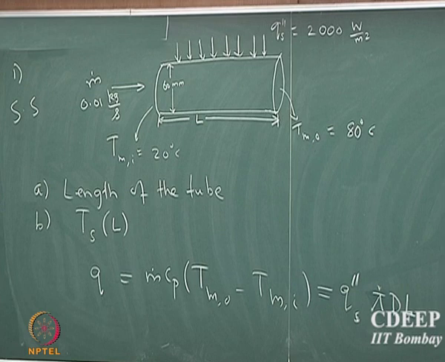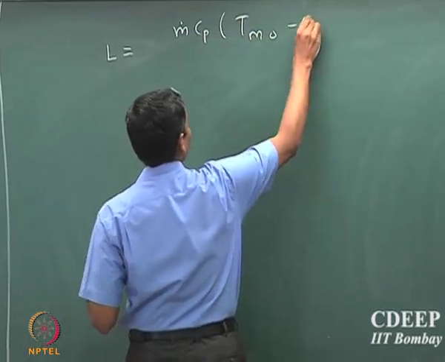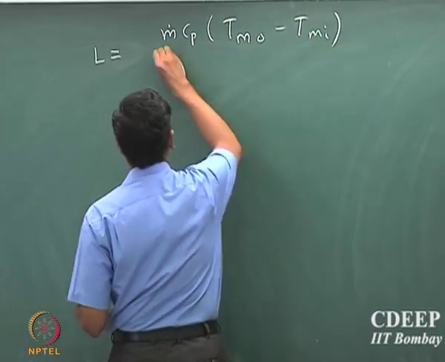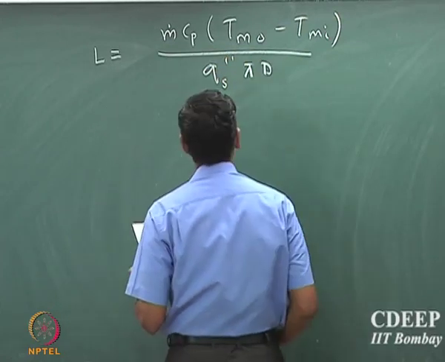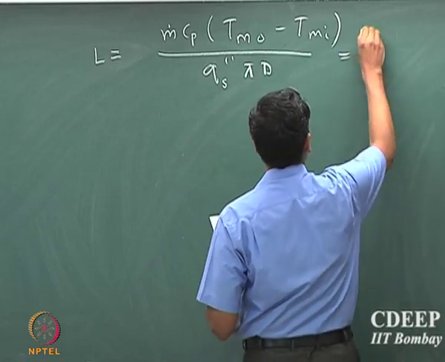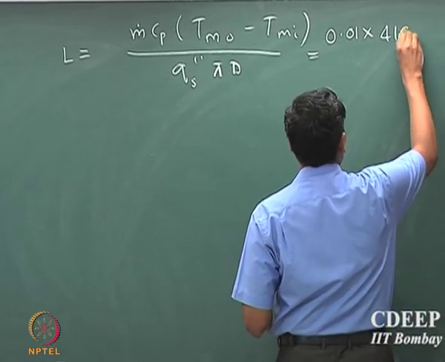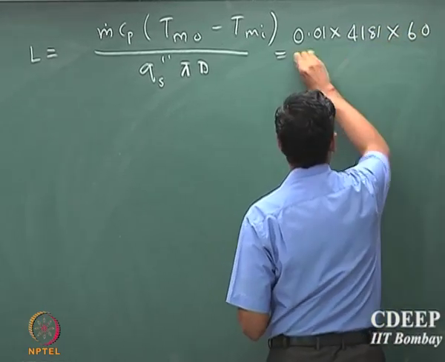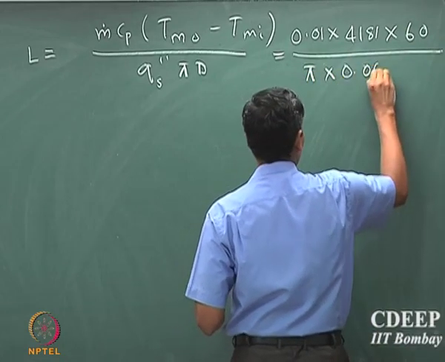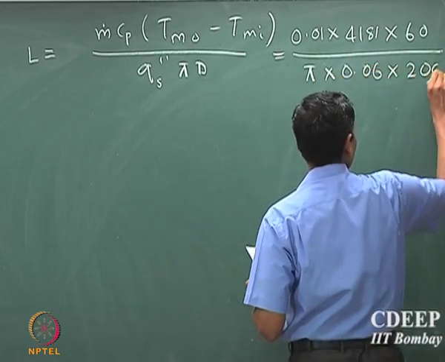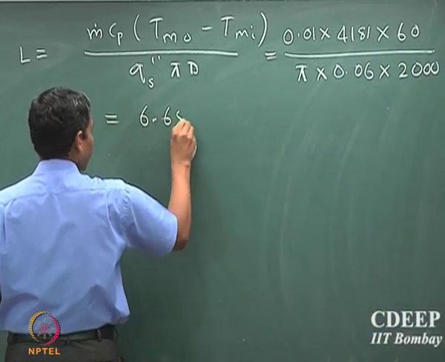So the length will be m dot Cp into Tmo minus Tmi divided by pi into d into Qs prime, and that will be 0.01 into 4181 into 60 divided by pi into 0.06 into 2000. So that turns out to be 6.65 meters.